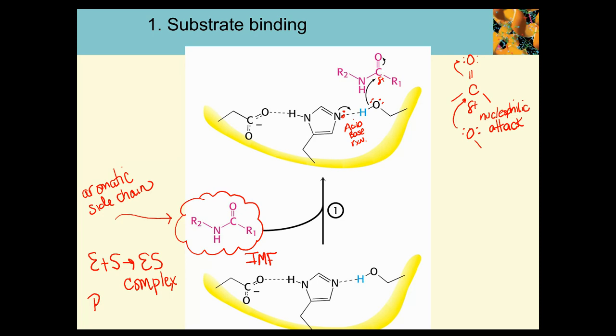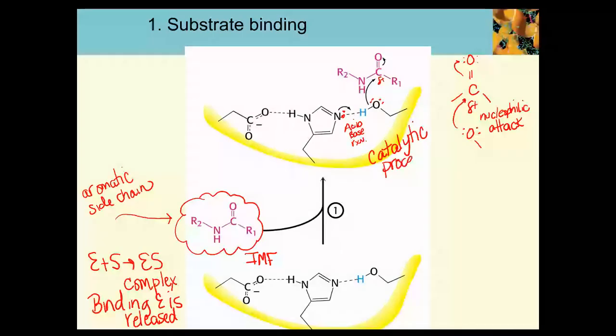Binding energies released. And then the chemistry starts. So what's going to happen here is we start to see that we're now looking at the catalytic process, what chemical changes are going on.